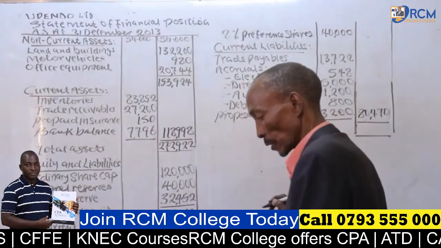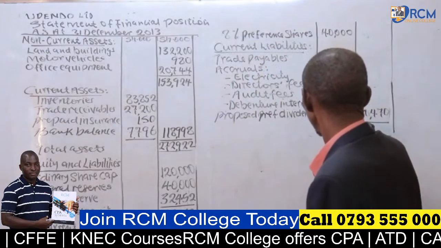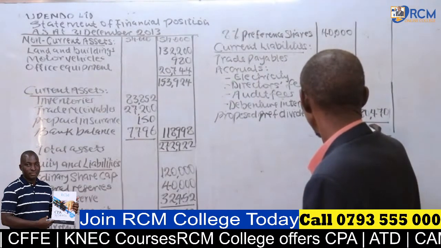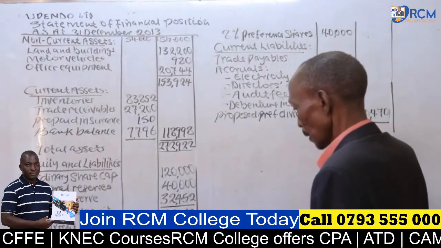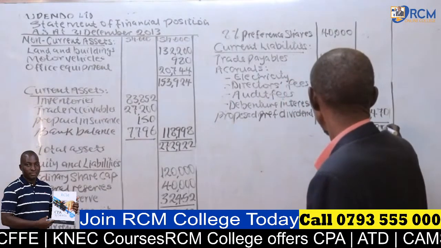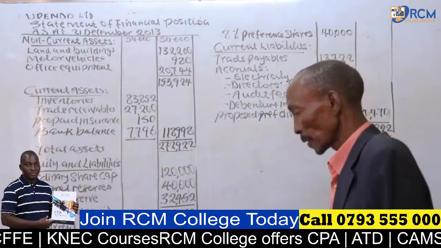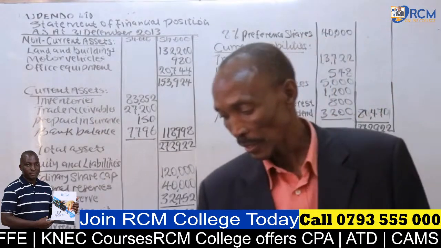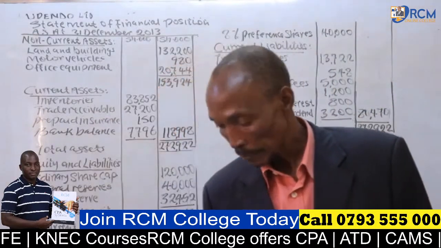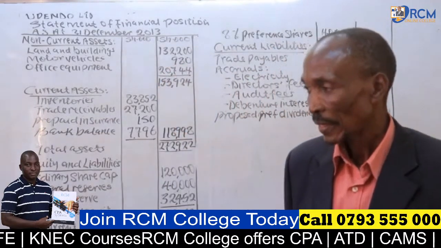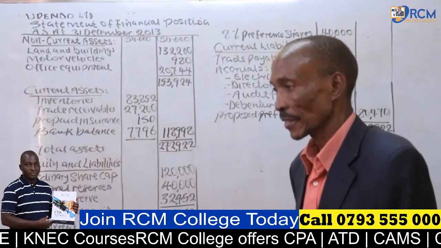So the total is 272,922. That is the total of equity and the liabilities.